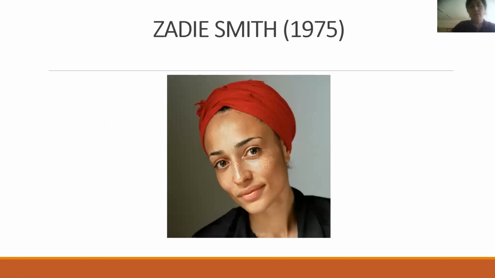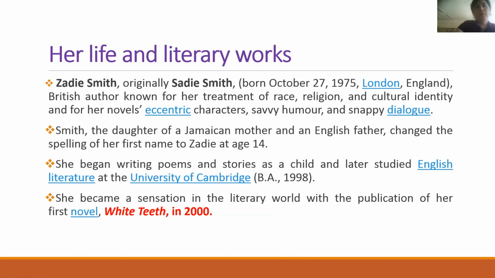Now, the last representative is Zadie Smith, and as you see, she is a young modern writer, and she has also written a series of books. She comes from a Jamaican mother and an English father, and she changed her original name Sadie into Zadie when she was 14.